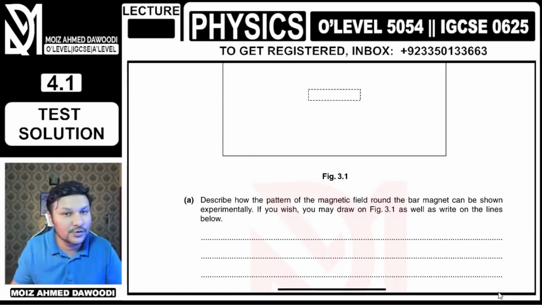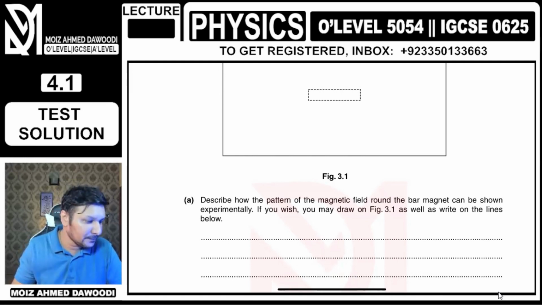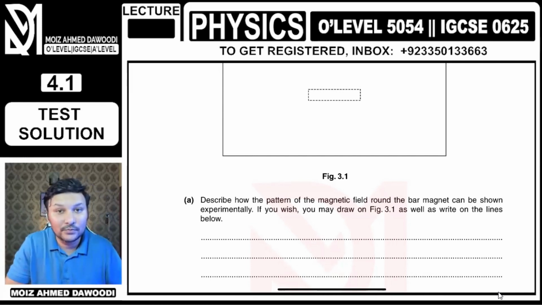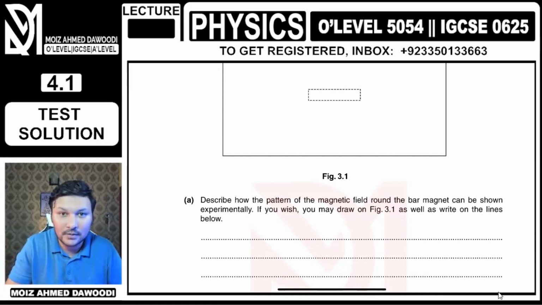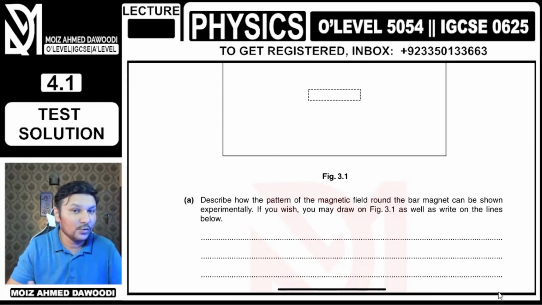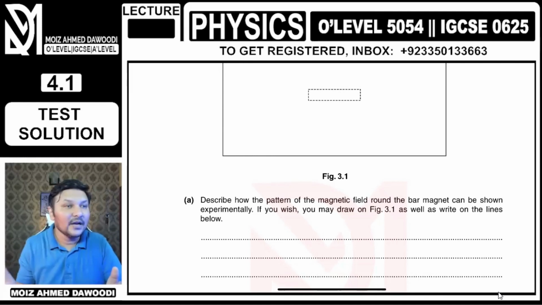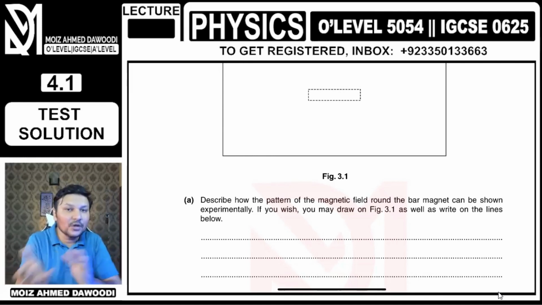It was not easy for me to see that students have written down what I told them not to write down. That will not give you any mark. Only whenever you are asked how to plot the magnetic field line of a bar magnet, you need to work with the compass pattern, because iron filings give you the shape. Iron filings do not even tell you where the north and south poles are.